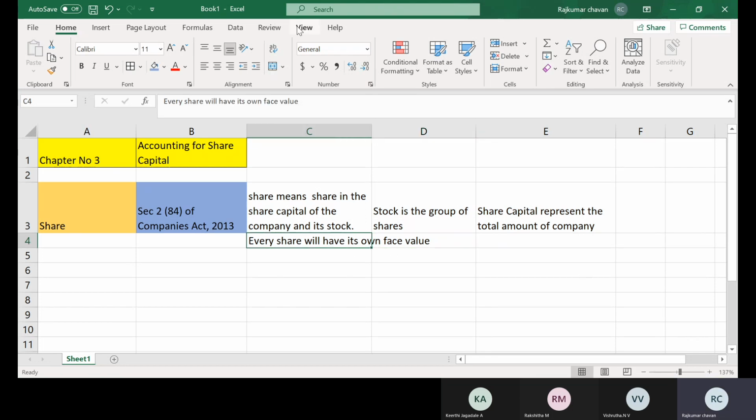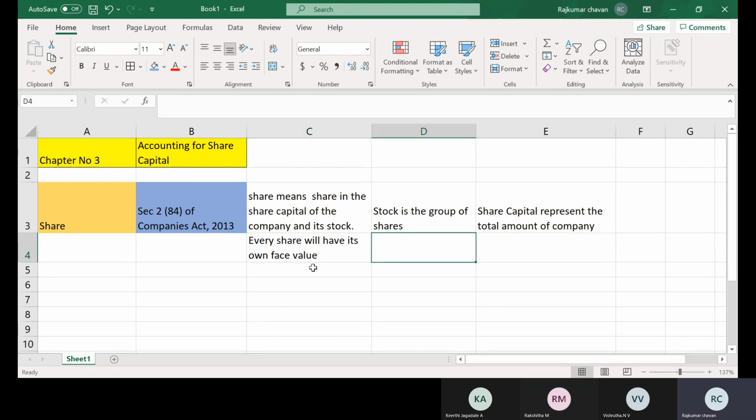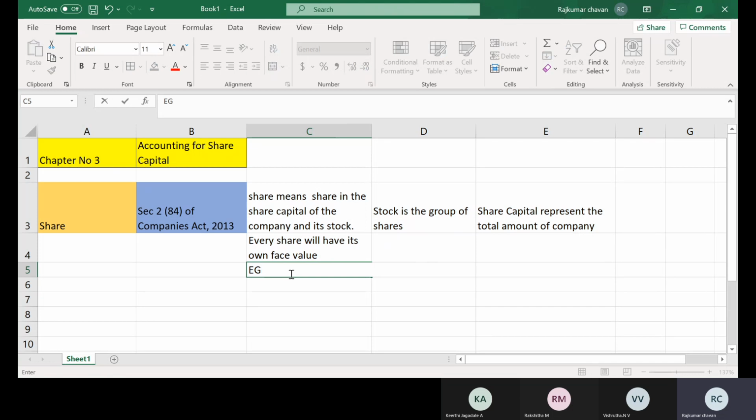If you are saying a share, the share should have its face value. What is face value? For example, face value can be 1 rupee, 2 rupees, 10 rupees, or even 100 rupees. Those are called face value.